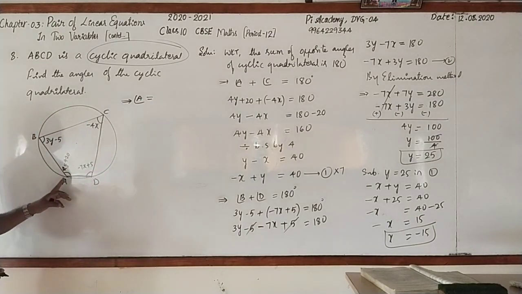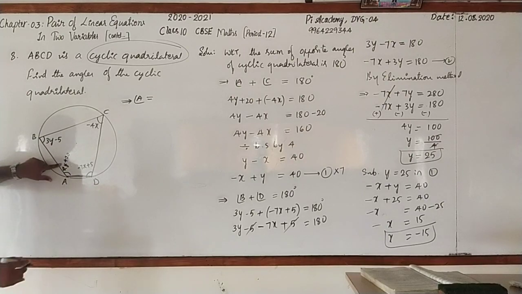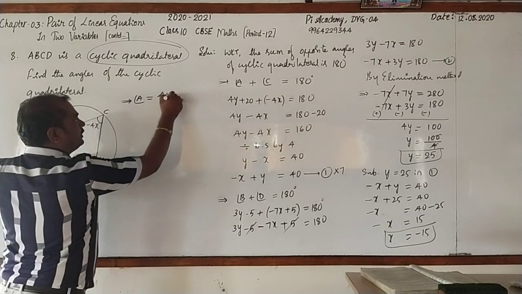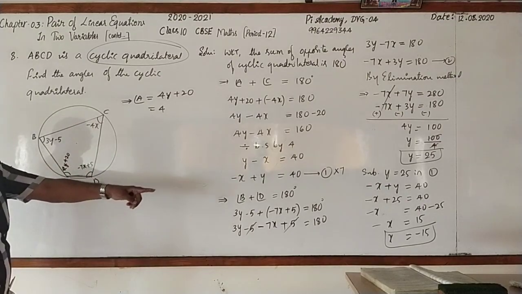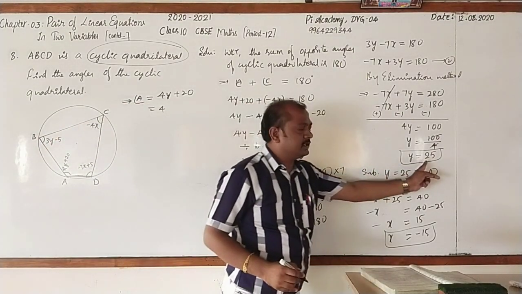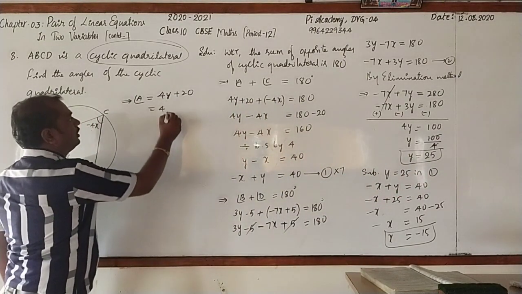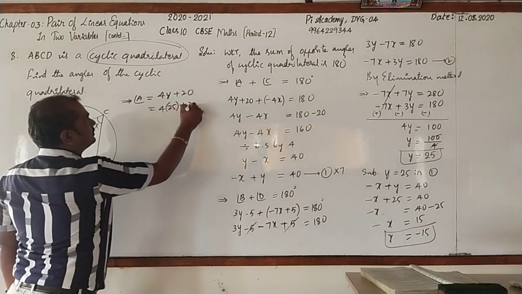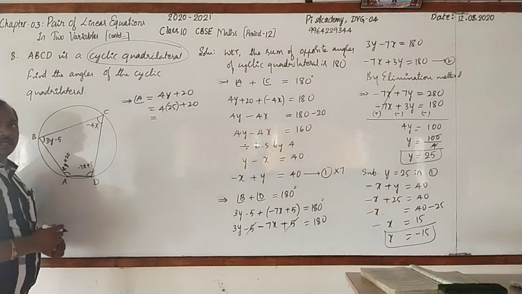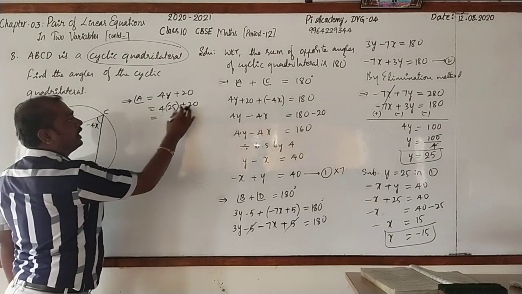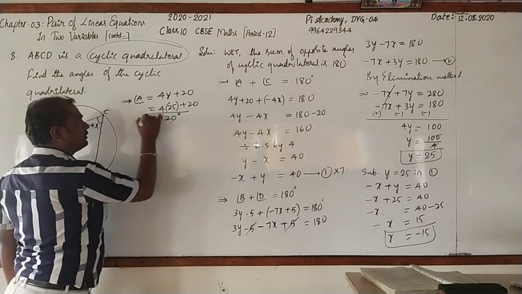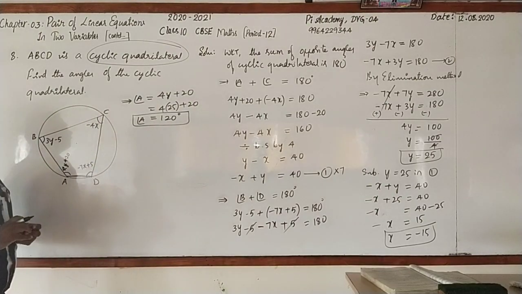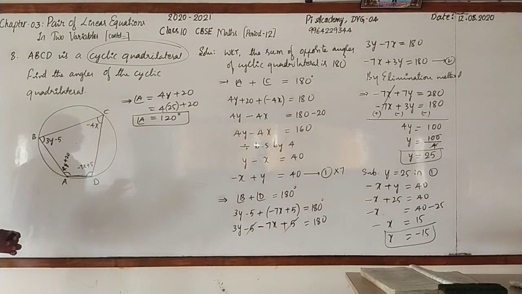The first angle is A. What is it? This is 4y plus 20. Substitute the y value. What is y? This is 25. It is 4 into 25 plus 20. 25 fours are 100. 100 plus 20 is 120. The measurement of angle A is 120 degrees. Clear?